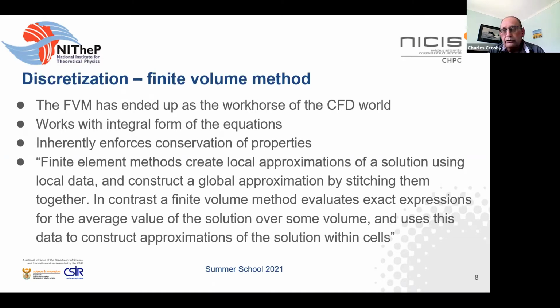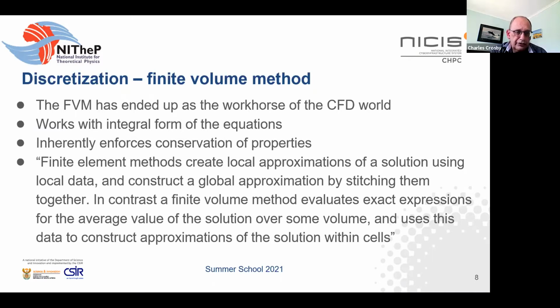Right, so the workhorse of the CFD world is the finite volume method. Once again, it does not necessarily make it better than the finite element method. It's certainly a more logical fit to the equations, and all the big codes work with it. You're working with an integral form of the equations, so you're inherently enforcing the conservation of all the properties.